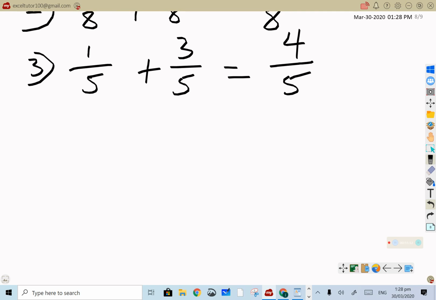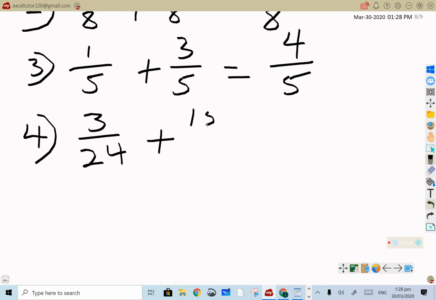I like to always use the bigger numbers too, so we move from smaller to bigger so that you will be able to understand that the same thing applies no matter how big the numbers are. So if we have 3 over 24, add 15 over 24.